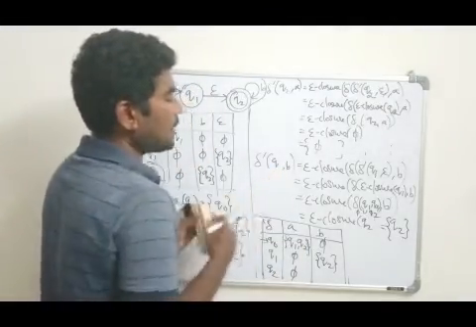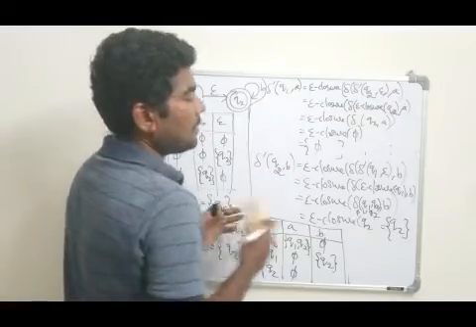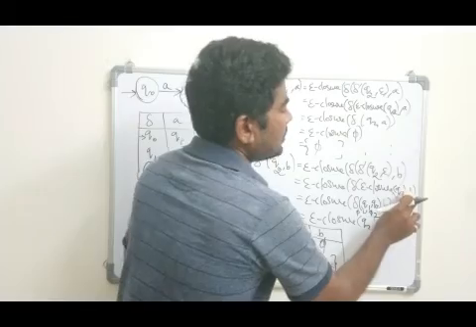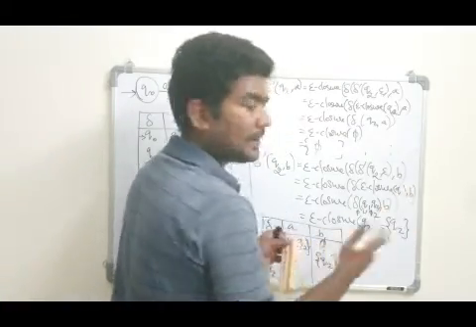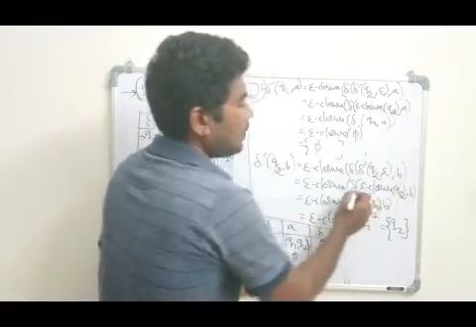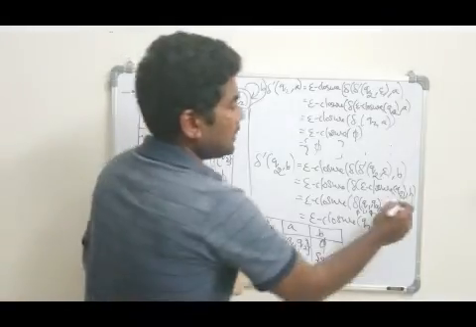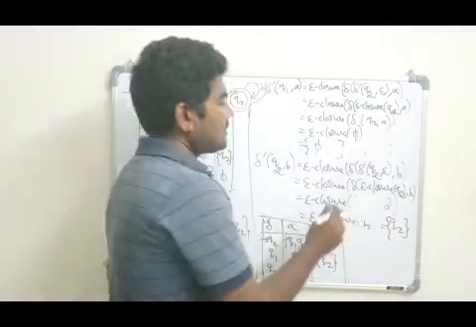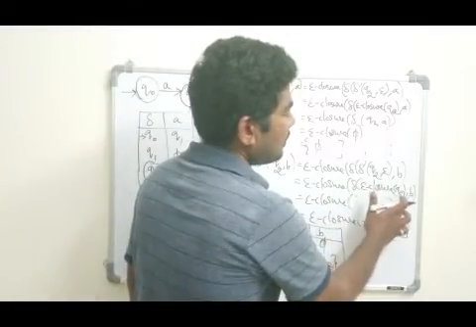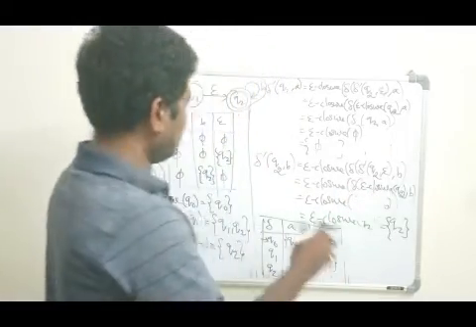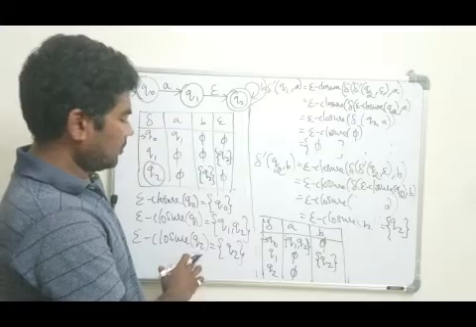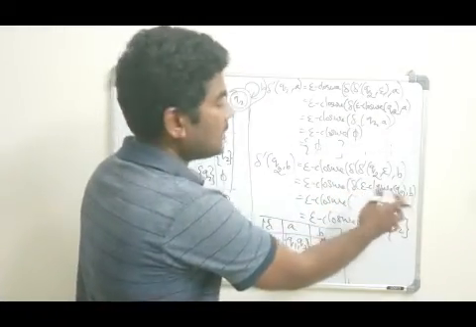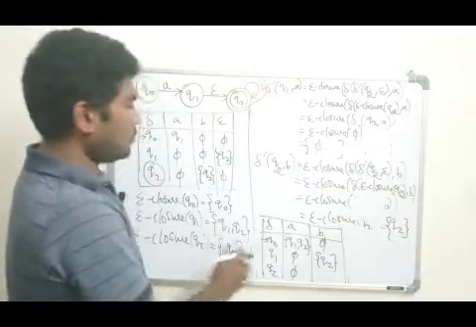Now here Q2 comma B. Q2 comma B, here Q2 comma epsilon. Then here also it will be Q2. Now we need to find epsilon closure of Q2 comma B. Epsilon closure of Q2 is Q2.